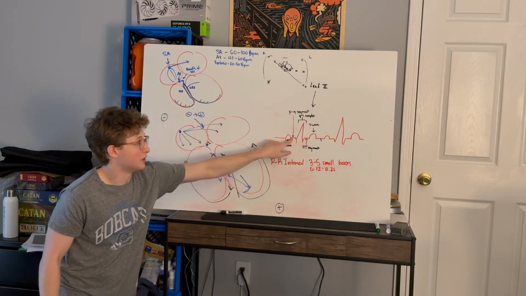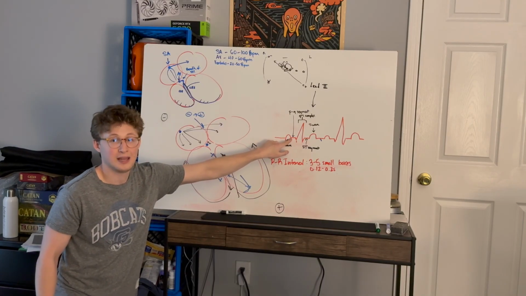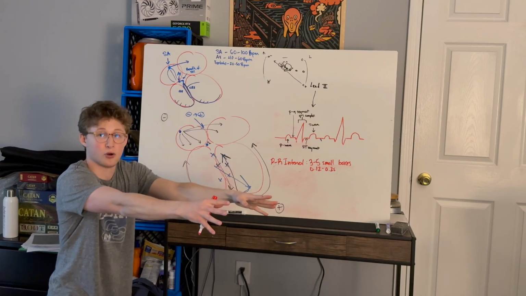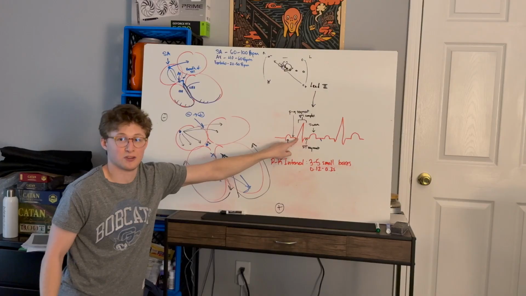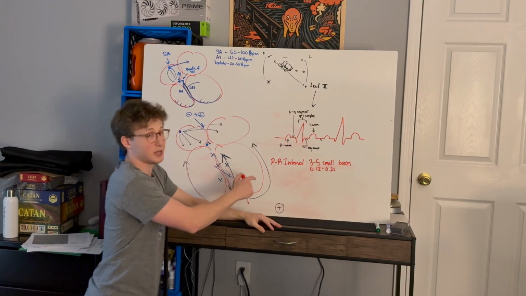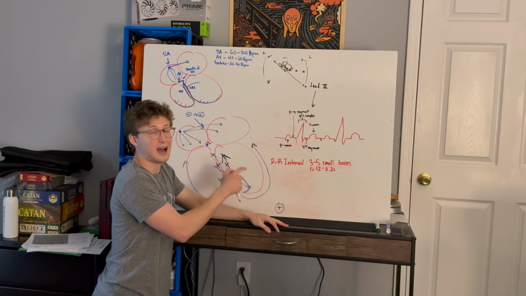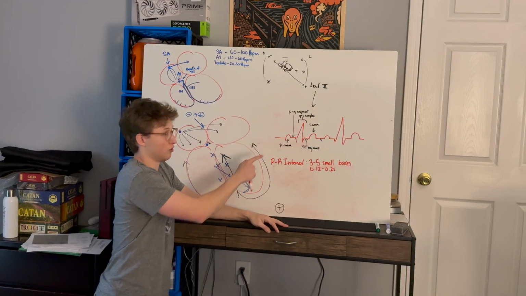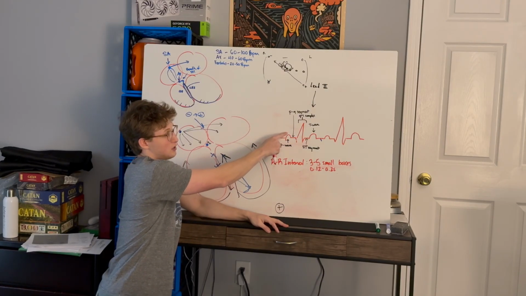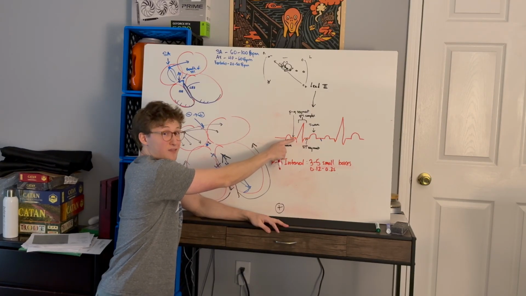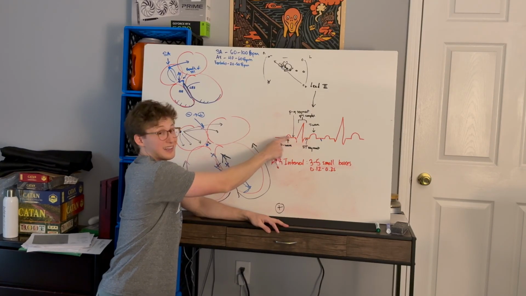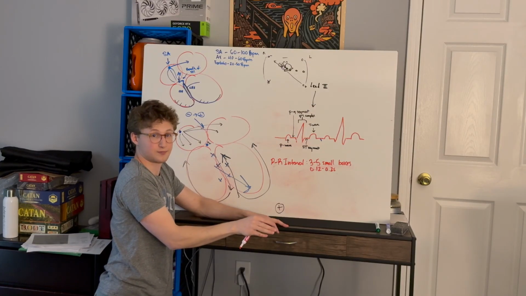That's what causes our PQ segment, our flat line. And then it says, get out of here. It goes to the ventricles, and it starts our ventricular depolarization, our QRS complex. PR interval tells you how long it takes for that signal to get to the atria, depolarize the atria, get to the AV node, and then for the AV node to let it go to the ventricles.